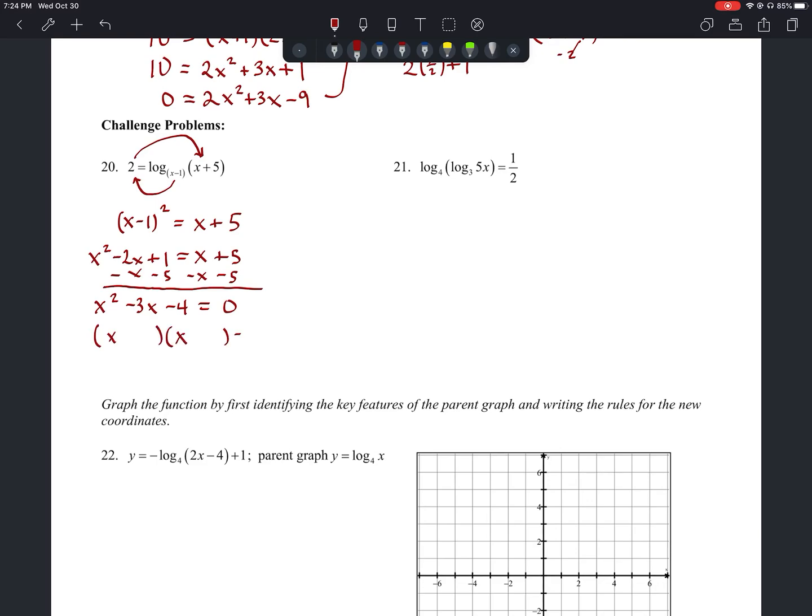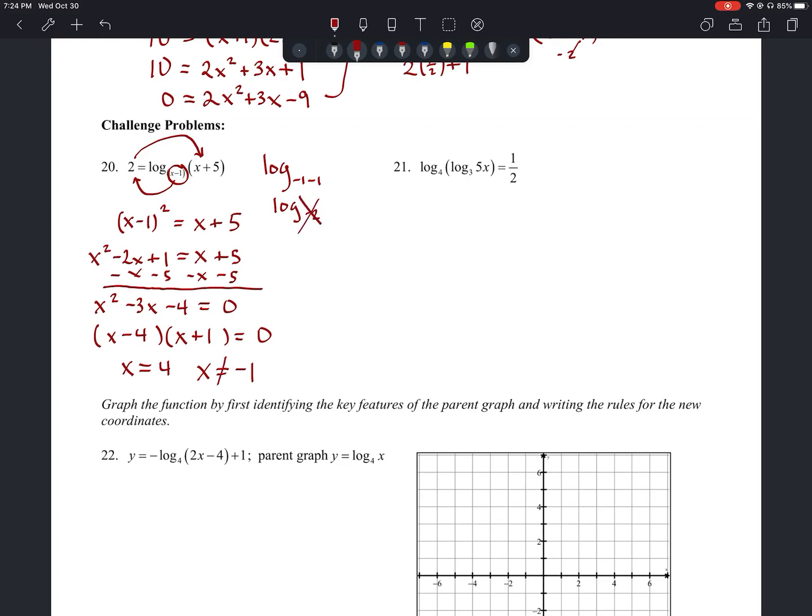That looks like it's going to factor for us. We're going to have an x minus 4 and an x plus 1, which then leads us to solving it and getting x equals 4 and x equals negative 1. Well, remember, we've got to take them and plug them in. If we plug in negative 1 into our base, we'd have log base negative 1 minus 1, which would be log base negative 2, and we can't have that.